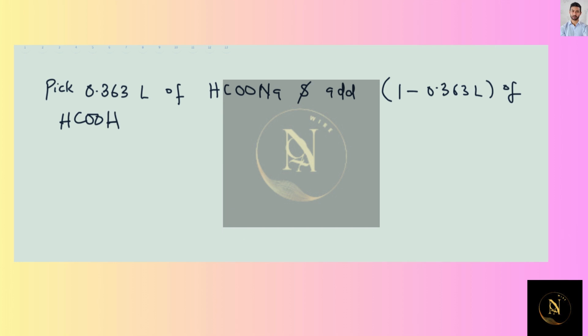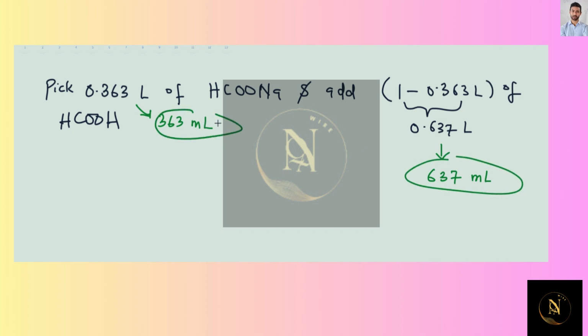So that will give us 0.637 liters. And if you want the answer in milliliters, this is 363 milliliters and this is 637 milliliters. So these are the combination of the HCOONa and HCOOH that will give us a buffer pH equal to 3.5.